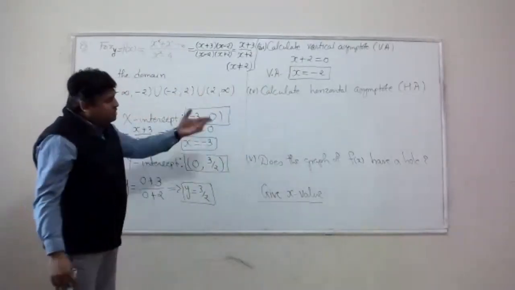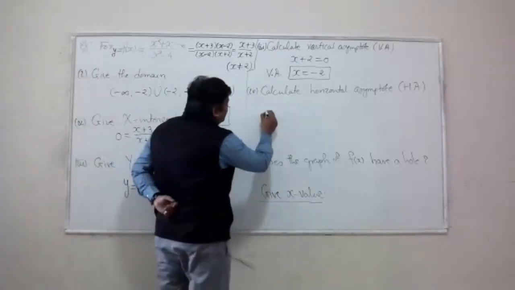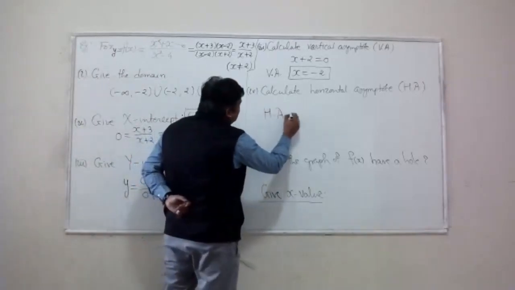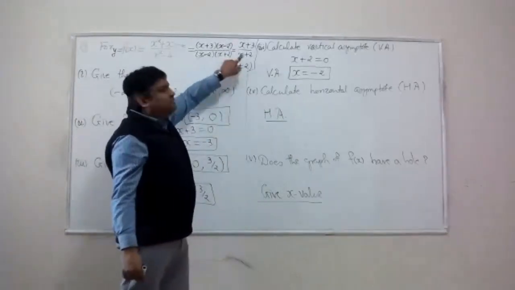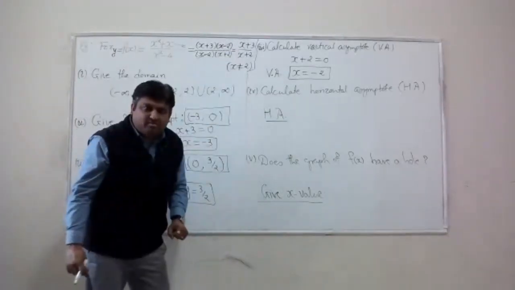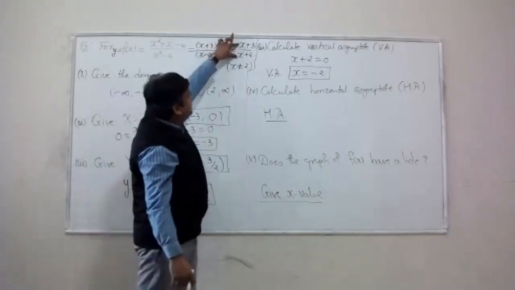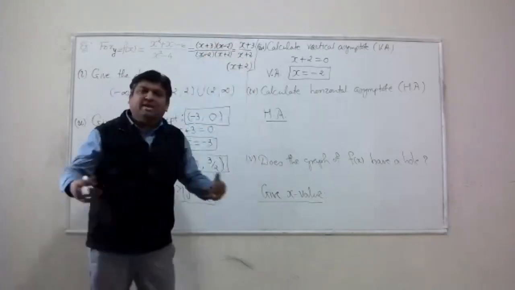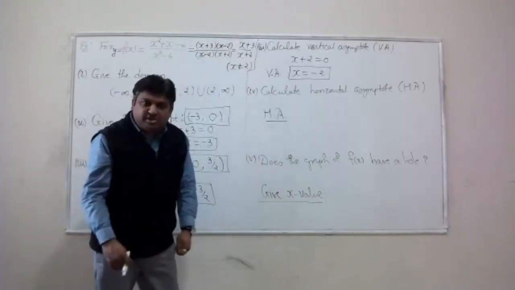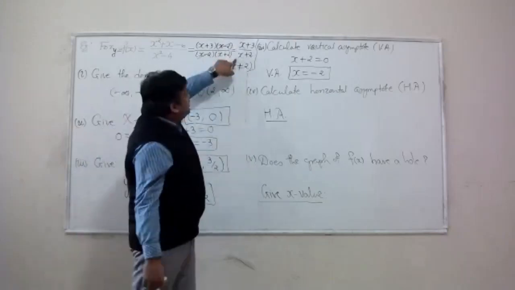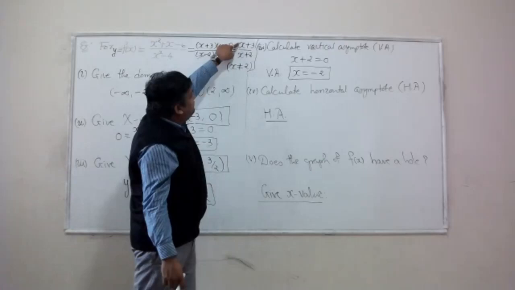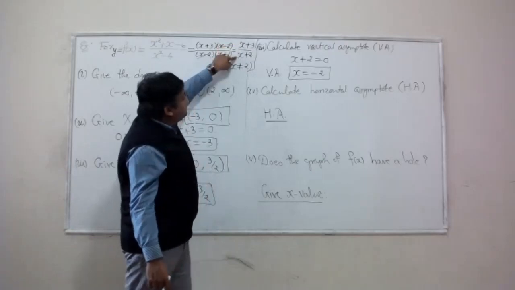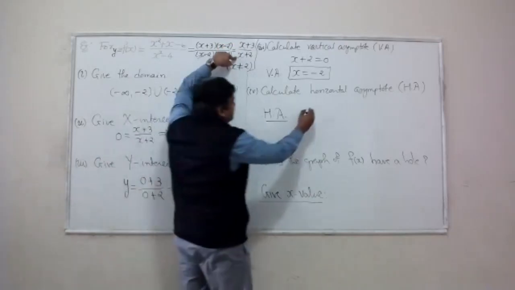All right. What's the horizontal asymptote? Remember how to calculate the horizontal asymptote? Write the top and the bottom polynomial in the form of equal degree polynomials, right? And once they are in the form of equal degree polynomials, take the ratio of the leading coefficients. These both are in the form of a ratio of equal degree polynomials. The degree of the top polynomial is 1, the degree of the bottom polynomial is 1.